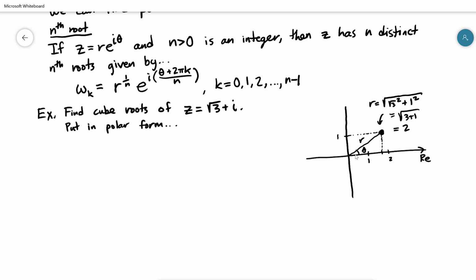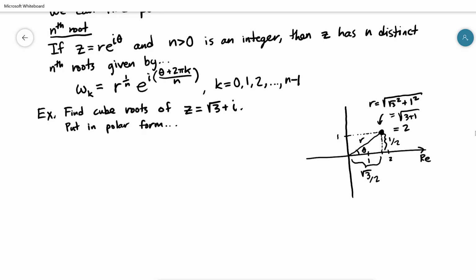And what is that angle? Well, we're going root 3 in this direction and 1 in this direction, so that distance is 1. That longer distance is root 3. I don't recognize that angle with those numbers, but if I divide them both by 2, then I recognize, oh, this is an angle on the unit circle, and this is the pi over 6 angle.